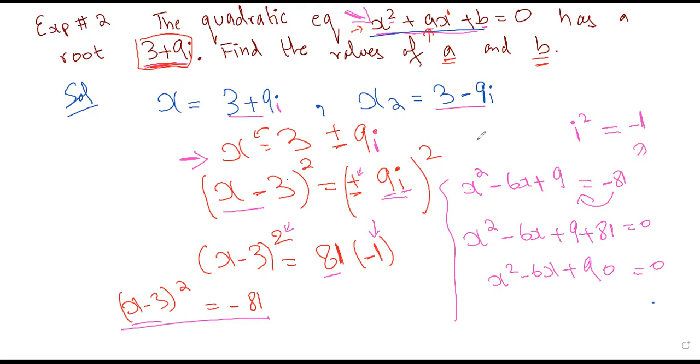So this was the section of the complex roots. Let's talk about the next section. Let's talk about 9.4. That is polar form.